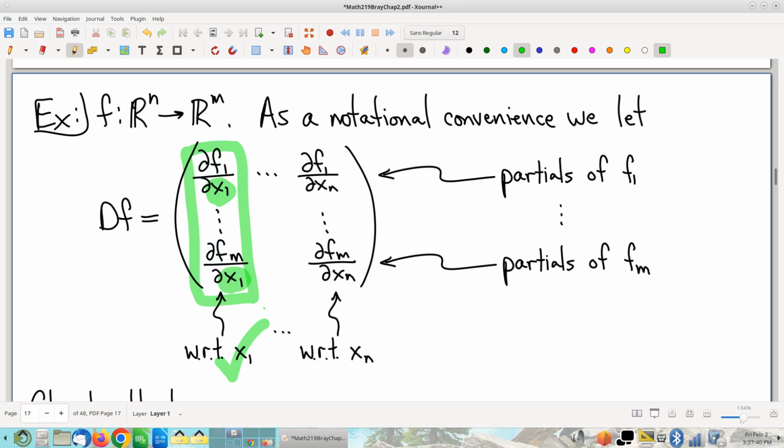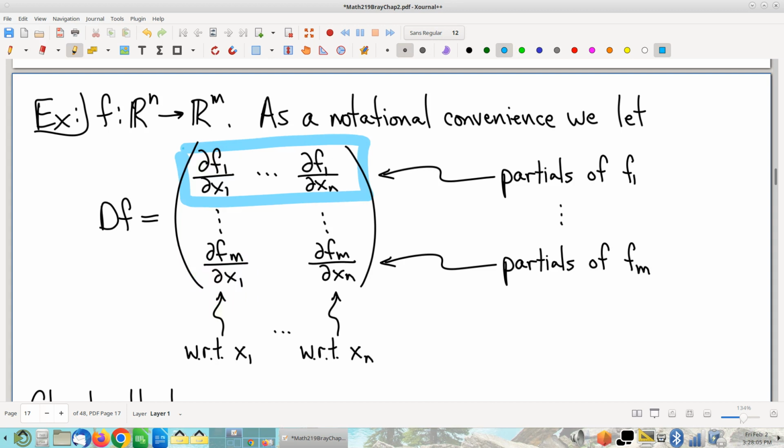So as a terminological convenience, I will refer to this first column as the x1 column, because that is the input variable that all of the elements of that column have in common. Likewise the x2 column, et cetera. Now let's take a glance at this first row.